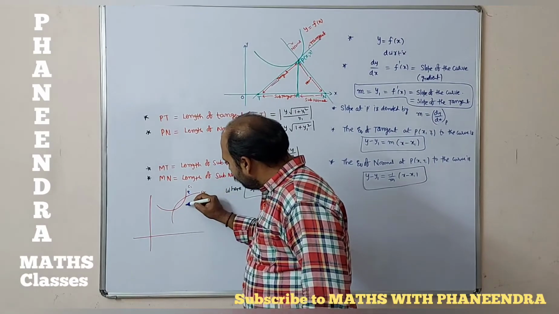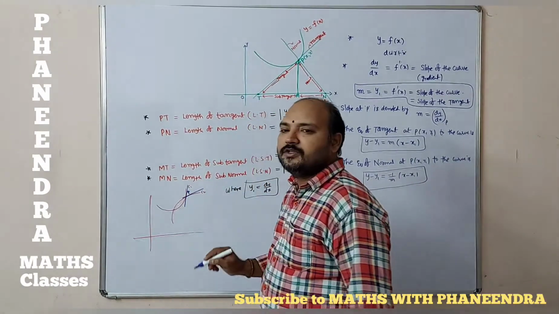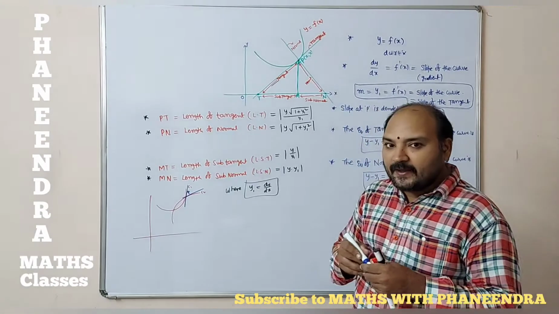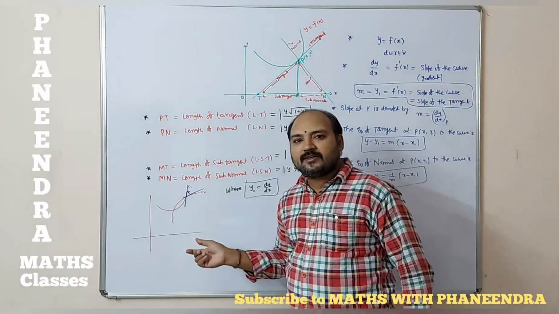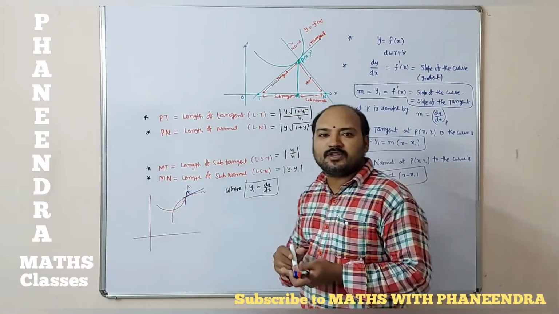From the point P, you draw the tangent. From the point P, you draw another tangent. The angle between the curves is defined as the angle between the two tangents at their point of intersection.